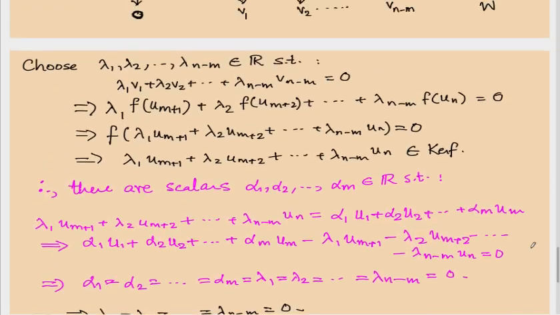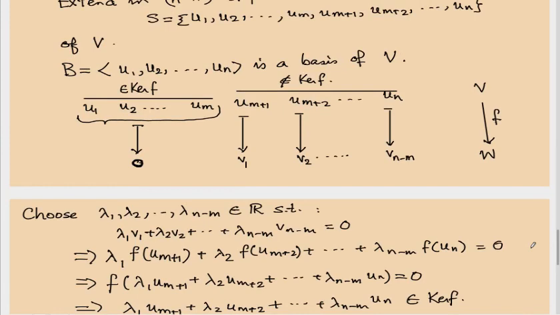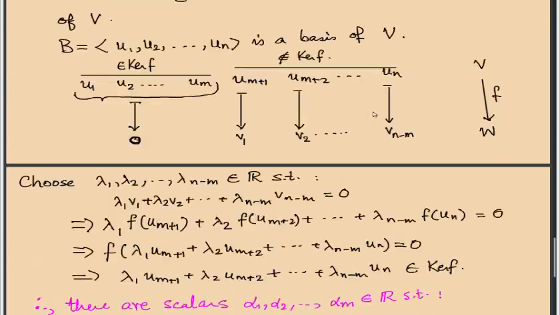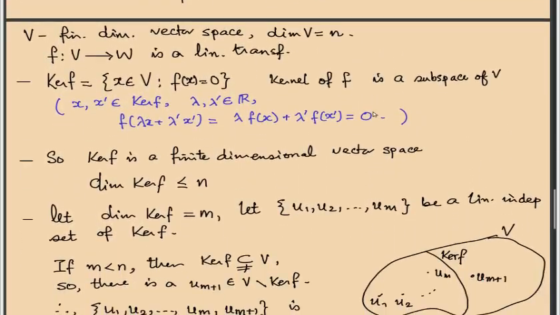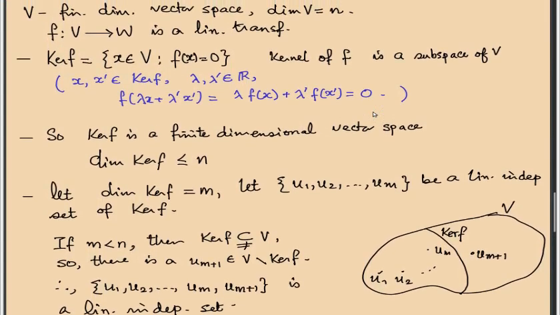So what is the clear picture therefore? This tells us many things, which we will now slowly formalize. Let us see what we have done. We started with a linear transformation from a finite dimensional vector space V of dimension n to another vector space. We took a very special basis of the domain.